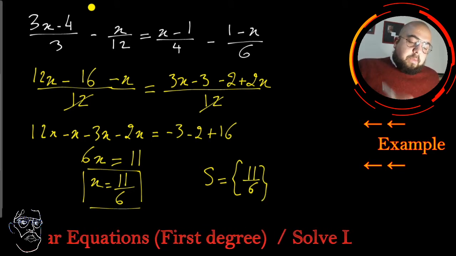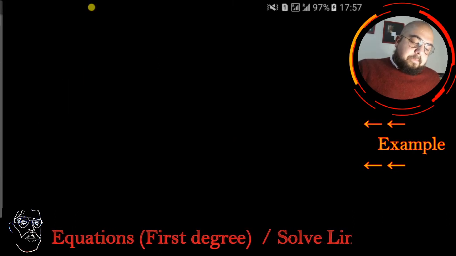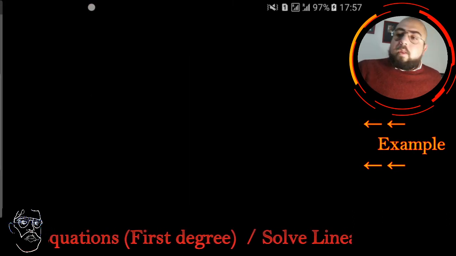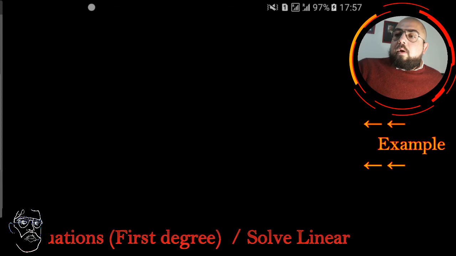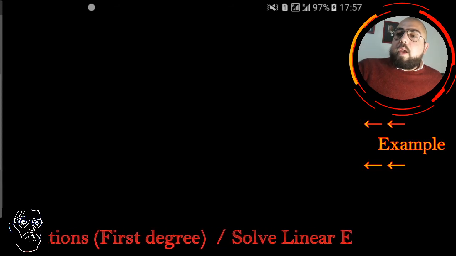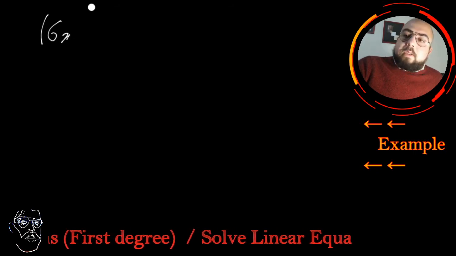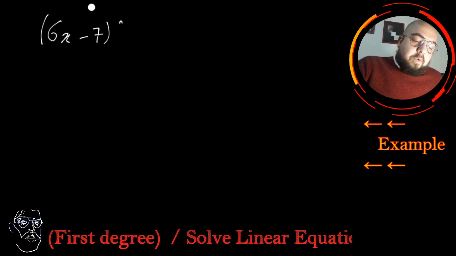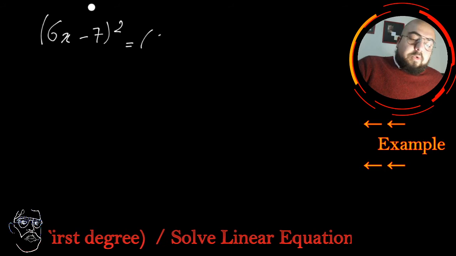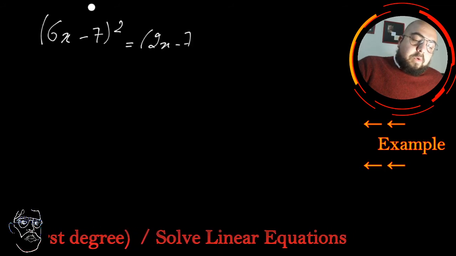Let's take another example. Let's say we had an equation which was like this: (6x minus 7) to the power of 2 is equal to (2x minus 7) to the power of 2.